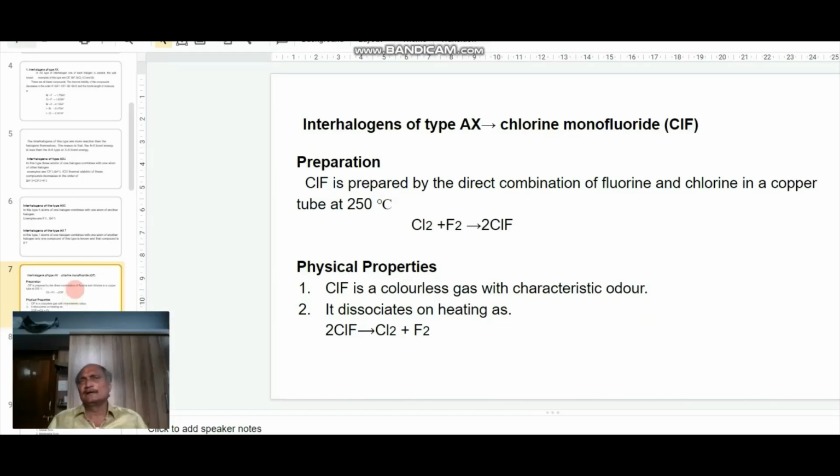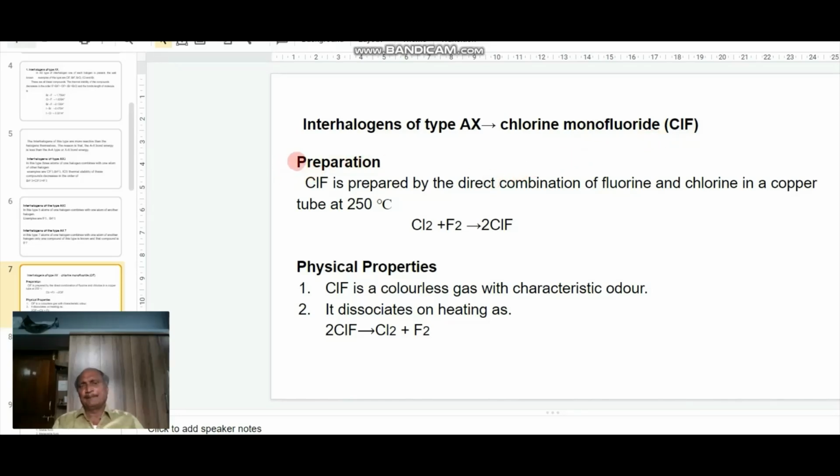Now coming to the preparation, properties and structure of interhalogen compounds. So coming to the first one, that is interhalogen compound of the type AX. Here we have to see the preparation, properties and structure of chlorine monofluoride as an example.